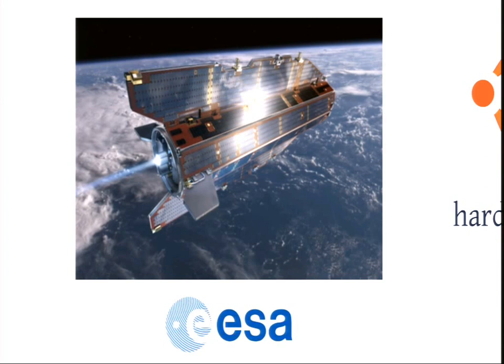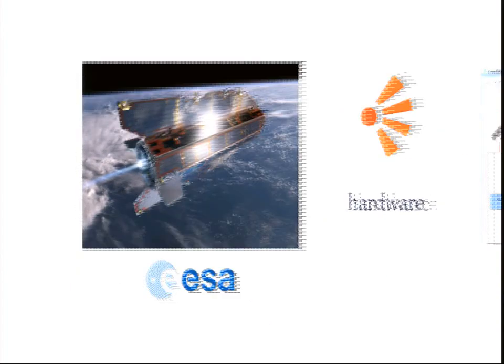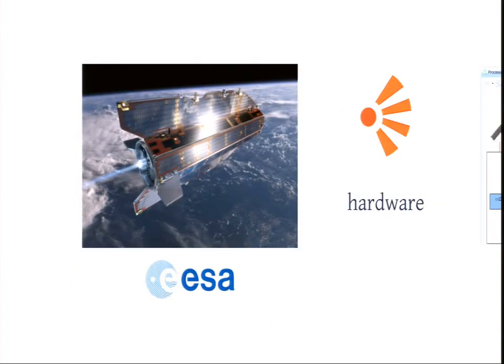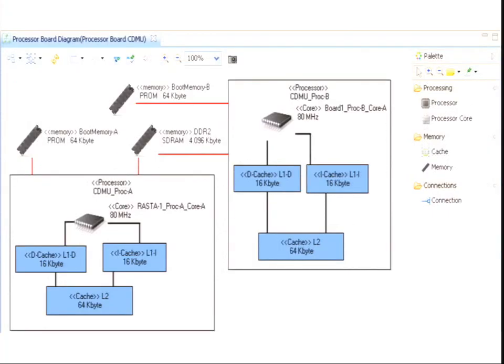Another example, the European Space Agency, who works on satellites. They wanted to reuse some parts of the software more easily, to be able to project existing software to new hardware platforms, and to facilitate this reuse.